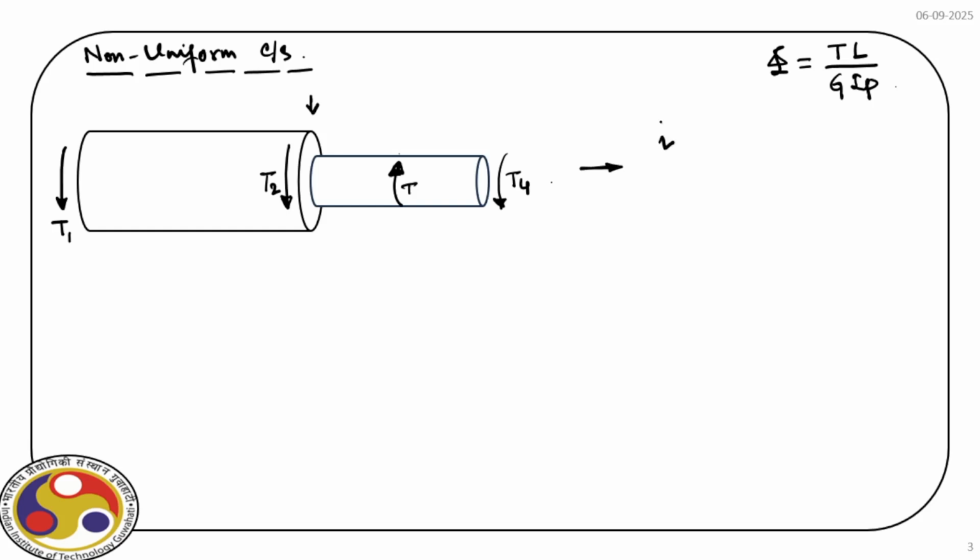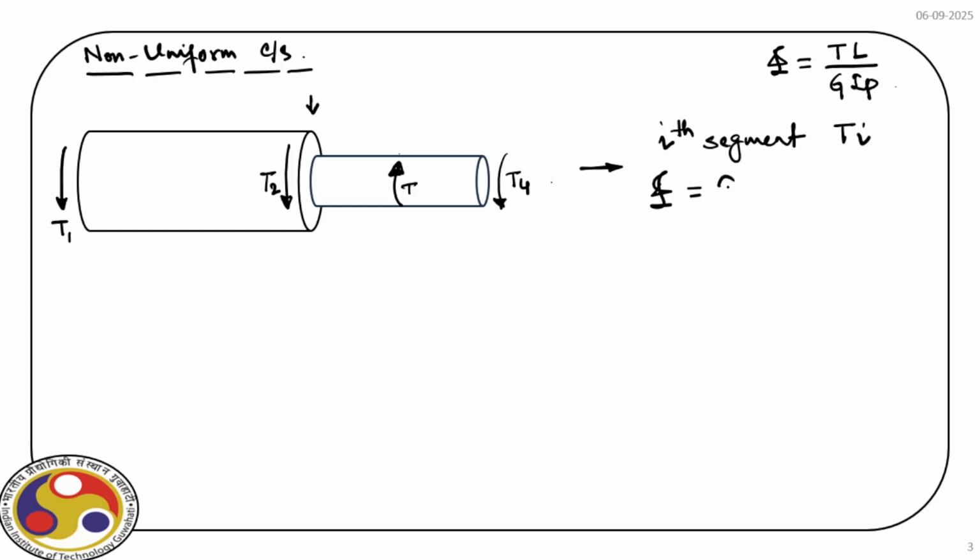So the ith segment, having a torque say Ti, and for that we can find out what is phi. So for each individual segment we can find out phi, and then we can sum it up to find the total rotation.